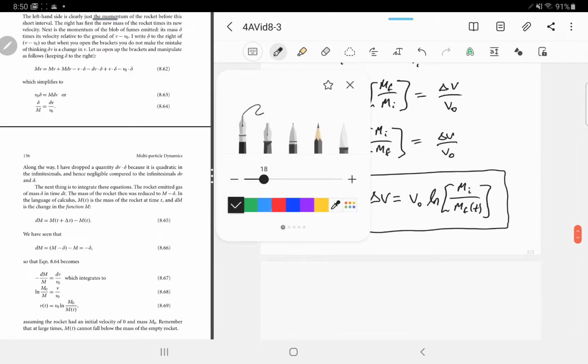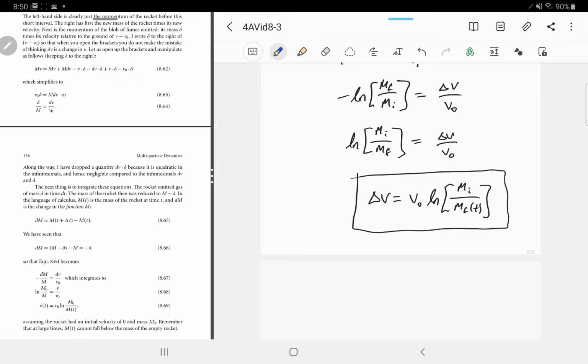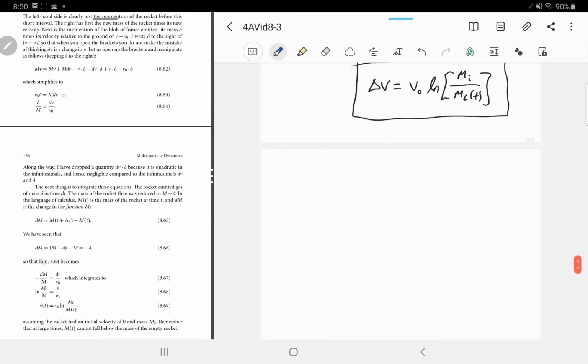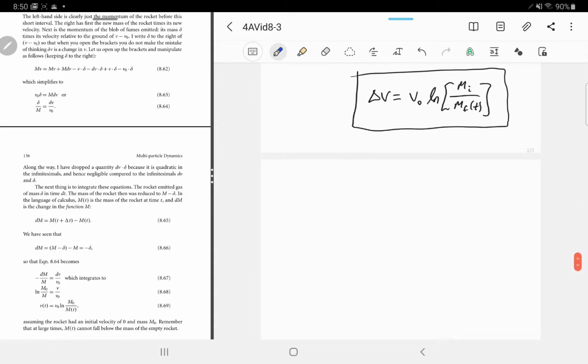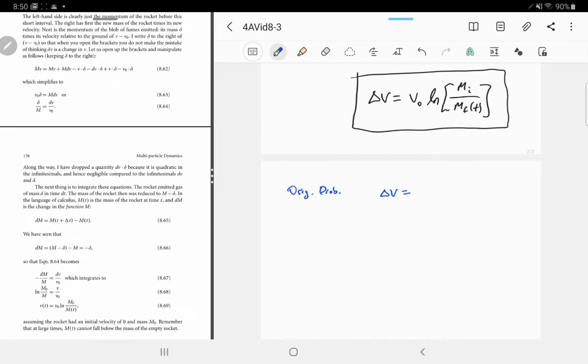Okay, so for our example problem, we just need to plug in some numbers to find out what the mass is here. Okay, so for our original problem, this video will actually be maybe just 20 minutes for once rather than 30 minutes. For our original problem, we have delta v is the final speed of the rocket minus the initial speed is 11.2 kilometers per second.